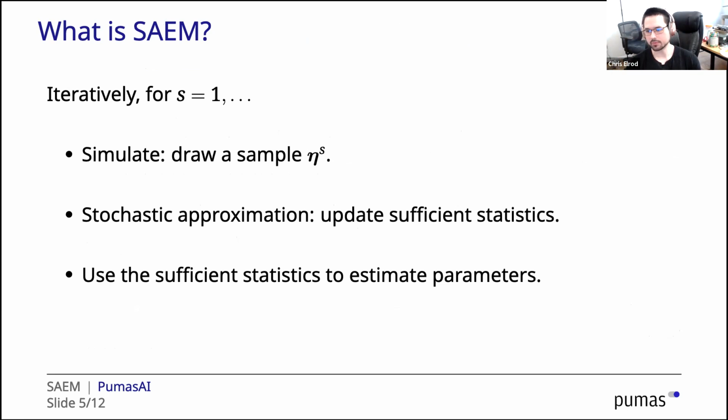And then we use these random effects to update sufficient statistics that we have for all of our parameters in the model, which includes the variability parameters of our error model, of the random effects themselves, as well as parameters that let us compute the expectation. And those solutions can be used to update the parameter estimates, which then leads us to the next iteration where we use these updated parameter estimates.